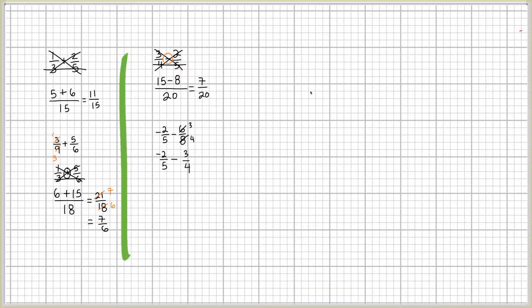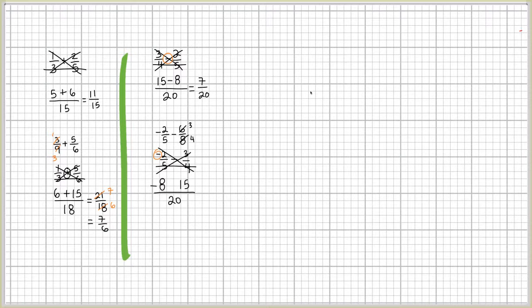All right. So again, let's not worry about the signs. 2 times 4, that gives you 8. 5 times 3 gives you 15. And then 5 times 4, which is for the denominator, is 20. And again, we have a negative, right?